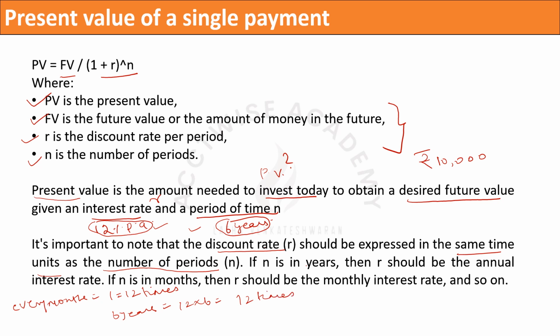What will happen to our interest rate? This also should be in months. So 12% per annum, for 1 year they are going to charge us 12%, and per month it will be 12 divided by 12, 1%. Like this we have to calculate. I have explained this elaborately in the video time value of money. As mentioned earlier, I will share it in the description box.